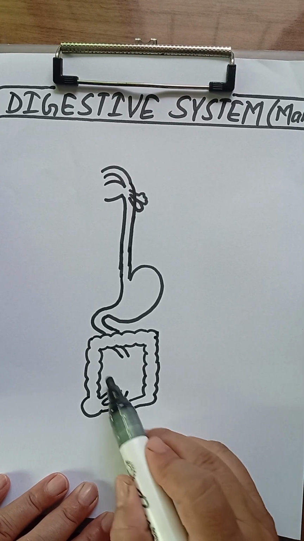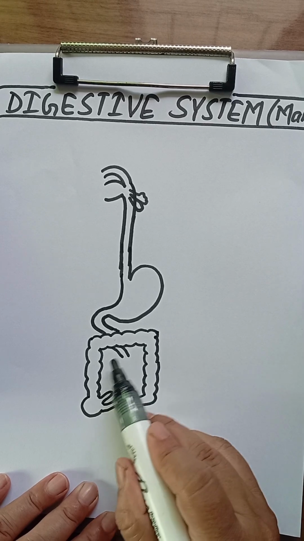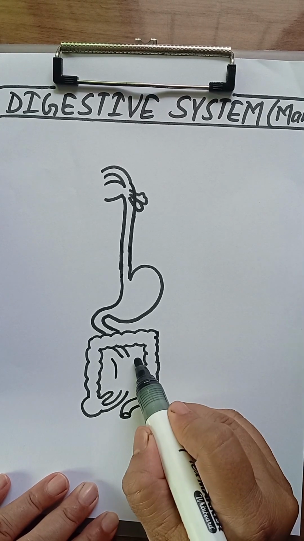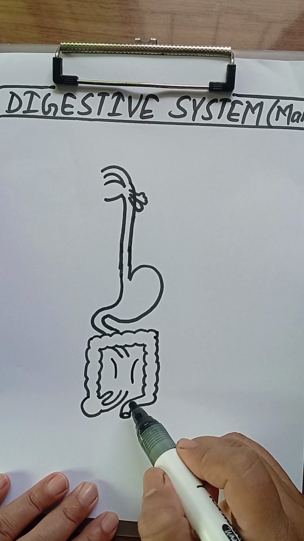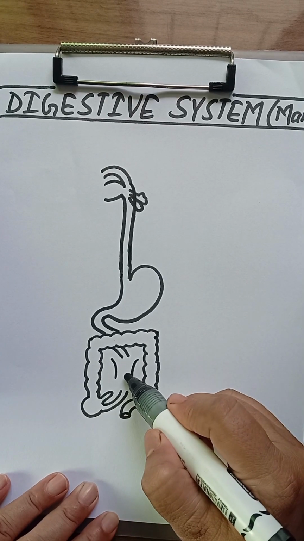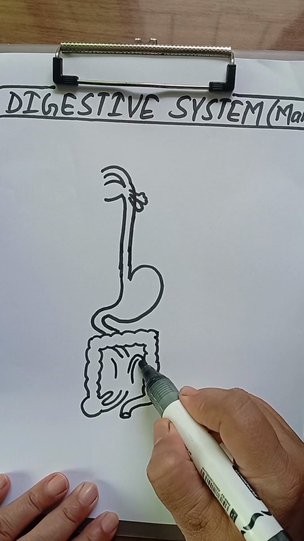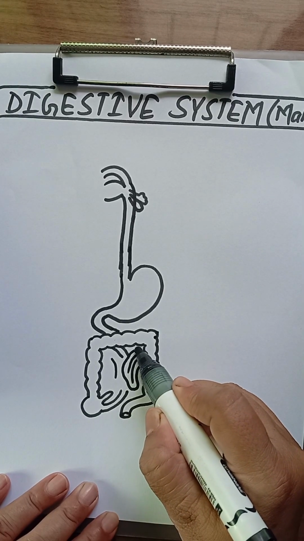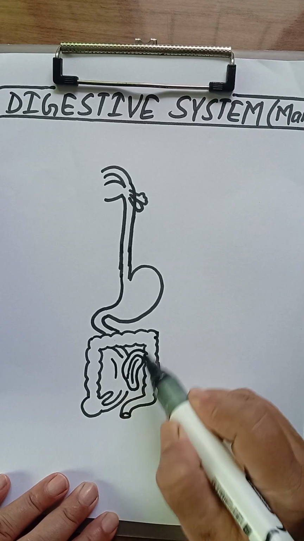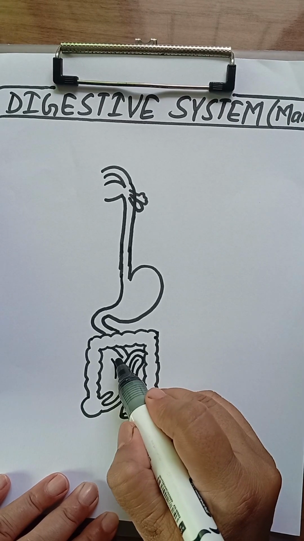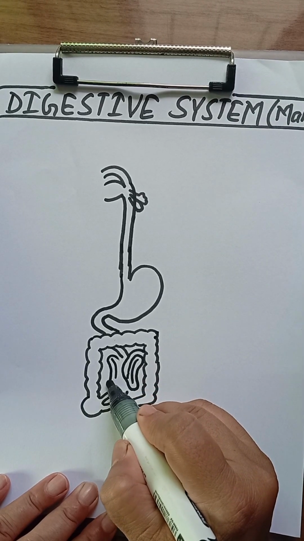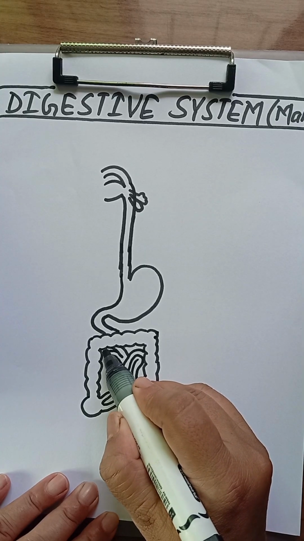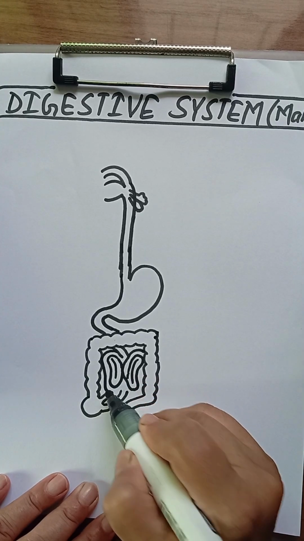To cover the abdominal cavity with small intestine, you just have to draw 1, 2, 3 random lines and start making a double tubular structure in these lines like this. You are also making some double tubular lines with this straight line.